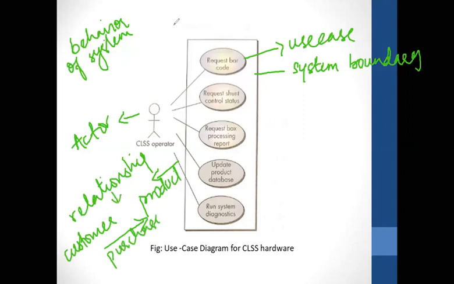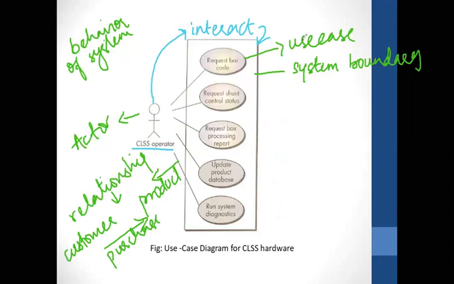Now within the CLSS hardware system, you're going to have the CLSS hardware. Within the CLSS, you're going to identify the stickman, that is the actor. Now this actor is going to interact with this system. This CLSS operator is going to interact with this system. So the CLSS operator is your actor.